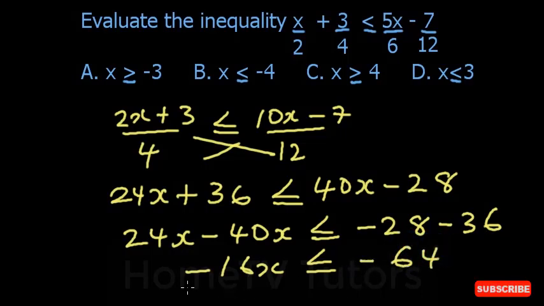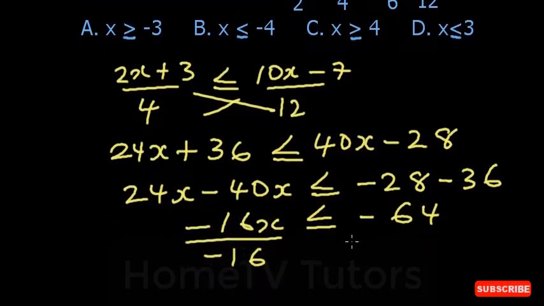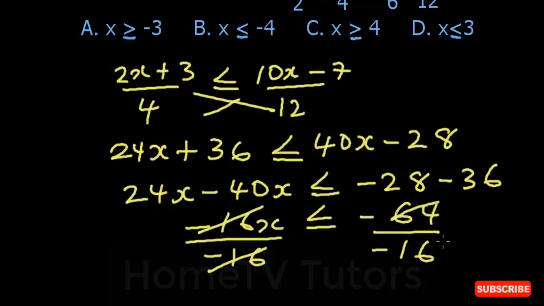So now we divide both sides by minus 16. When we are dividing an inequality by a negative number, it will change the inequality sign. So 64 divided by 16 is 4.